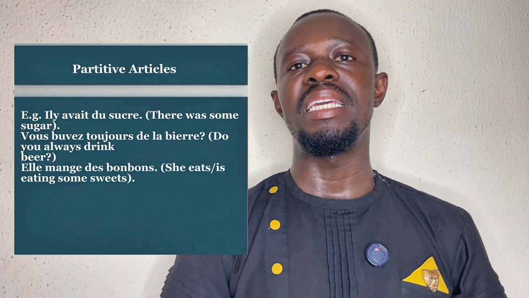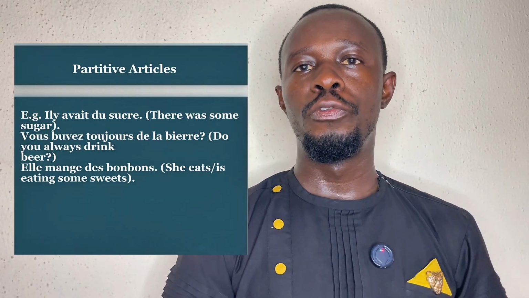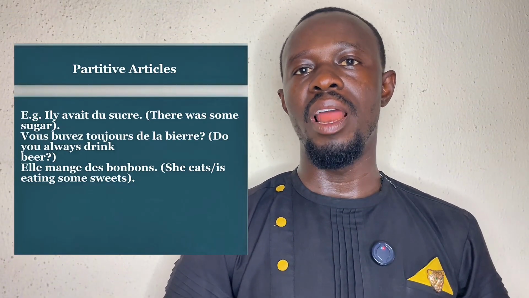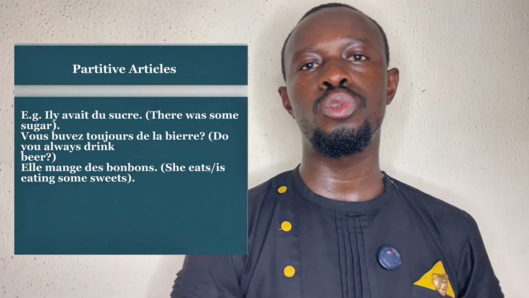You can see them in il y avait du sucre. There was some sugar. Vous buvez toujours de la bière. Do you always drink beer? Elle mange des bonbons. She eats, or she's eating, some sweets.